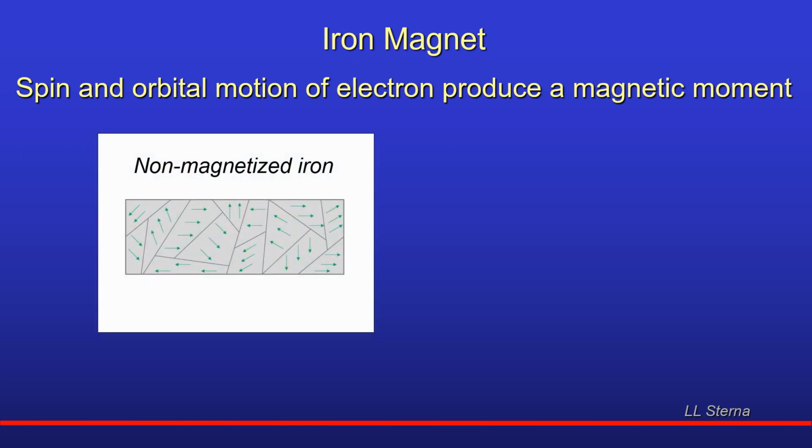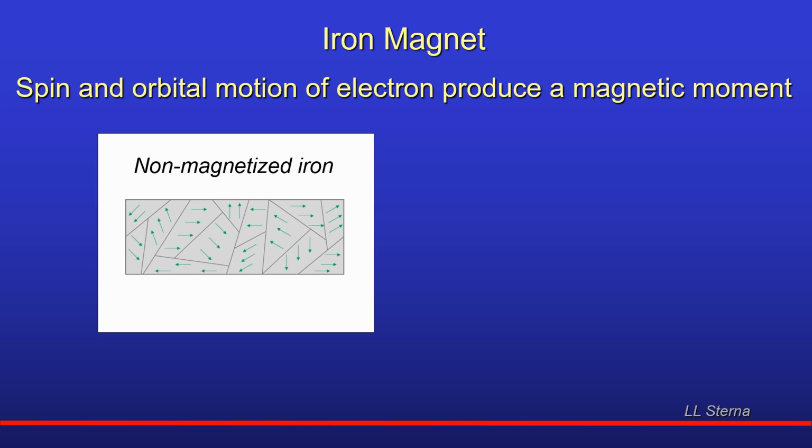In a piece of non-magnetized iron, there are many domains as illustrated in this picture. Actually, there are vastly more electrons, vastly more domains, but this is just an illustration. Each arrow represents a small magnetic moment from an electron.